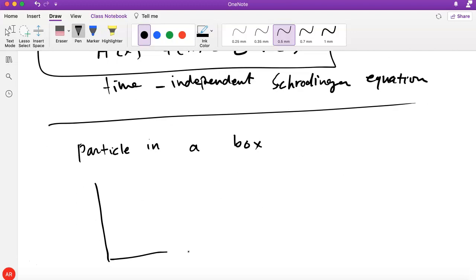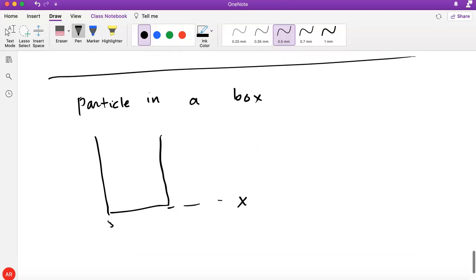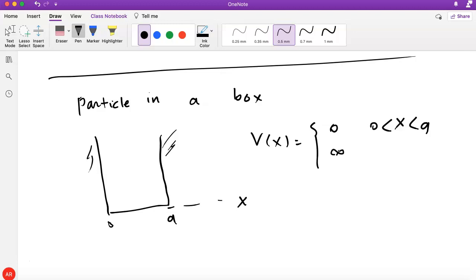So suppose this is x, this is the x-axis, here you have 0, here you have a. So basically consider a potential that is equal to 0 for x between 0 and a. So in this region it's 0. And then outside this region, for x larger than a or smaller than 0, it's infinity.